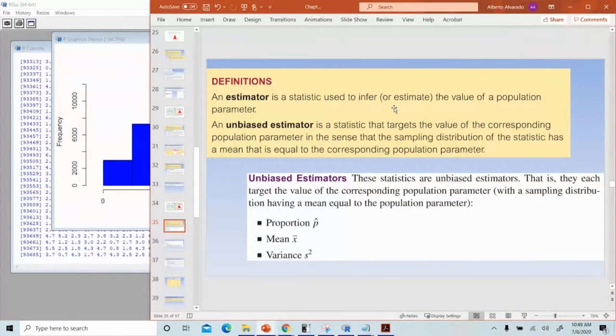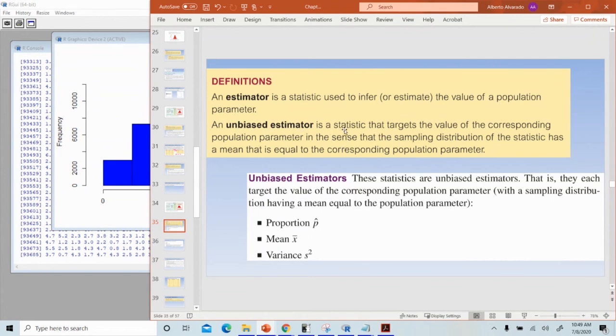Or we can use a random sample of COVID-19 patients to see the duration in days that the virus lasts in them. So those are estimators of the population. So X bar is a good estimator of mu, the population mean, and P hat, the sample proportion, is a good estimator of P, the population proportion.